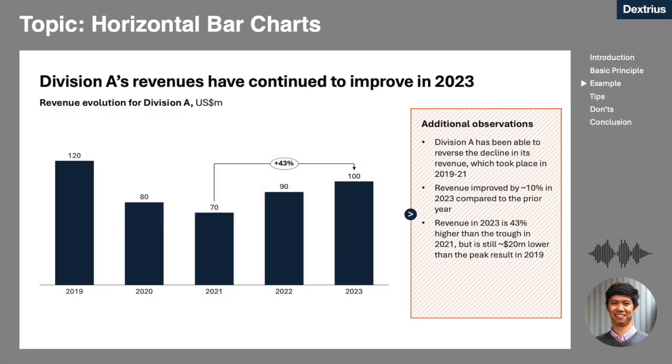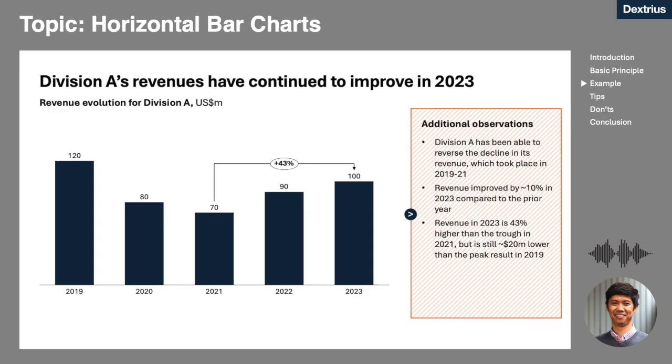We also left a bit of space for some observations, and so you can see that example observations you can derive from a chart like this could be something like what's written here. So firstly, that Division A has been able to reverse the decline in its revenue, which took place between 2019 and 2021, and then that in 2023, that revenue increased by about 10%, so that's the latest period for which data was available.